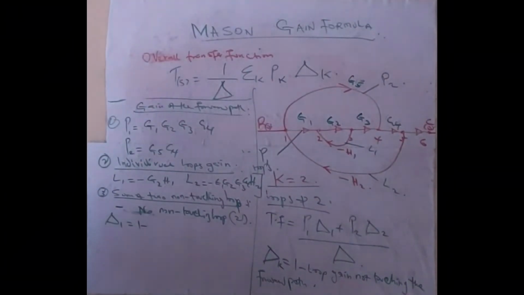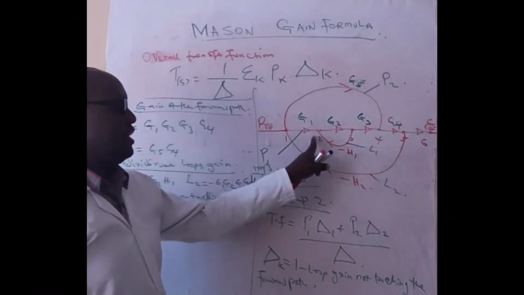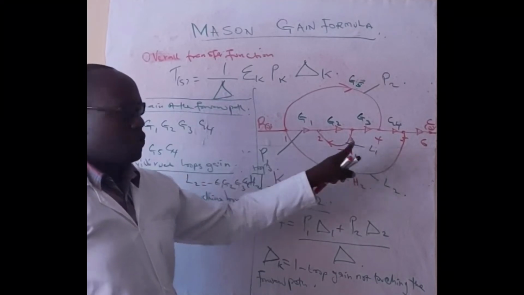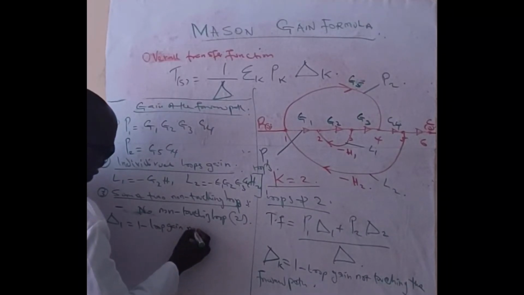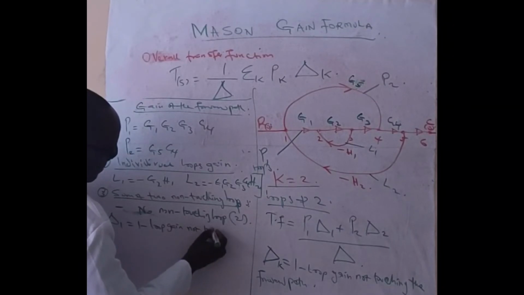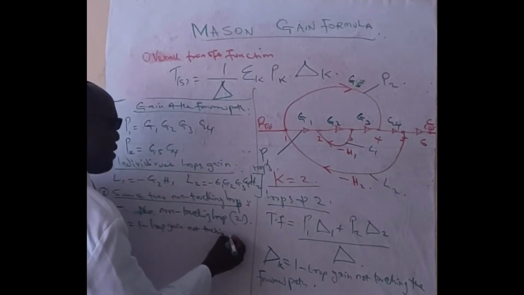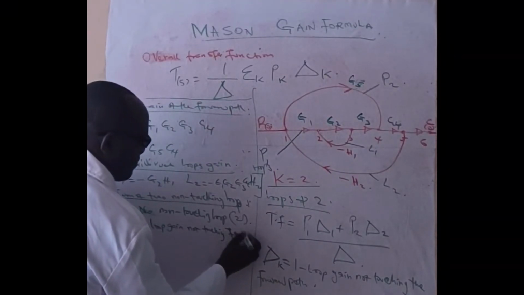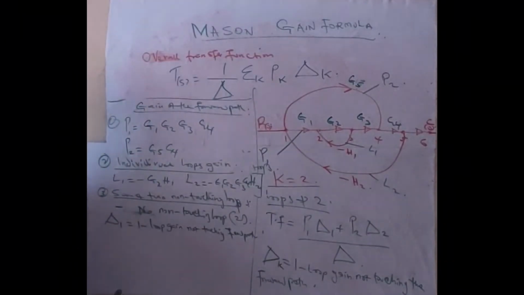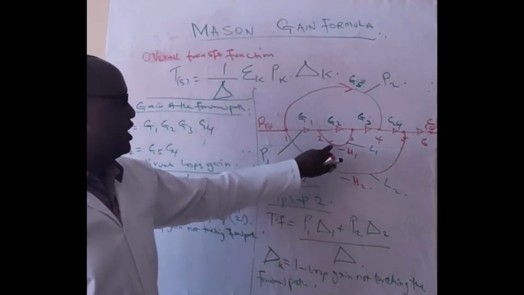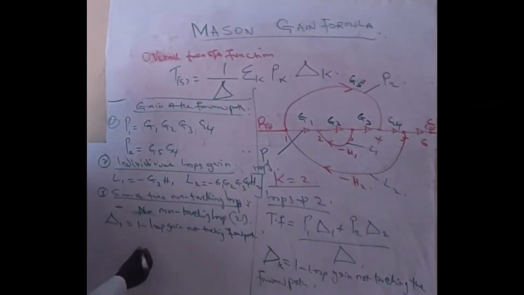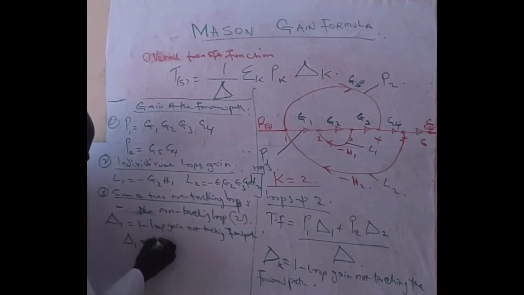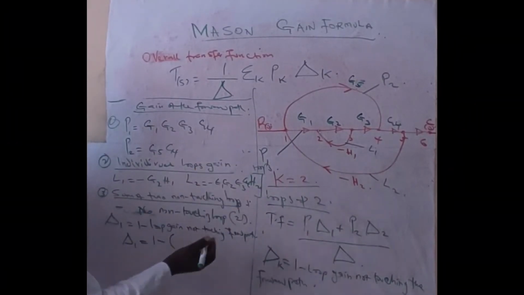We were taking this one to be the first forward path, so we look for the loop gains not touching the forward path. Based on what we have been given, this loop and the other loop are touching the forward path. That means we don't have any. So the first delta 1 is going to be 1 minus 0, which is 1.